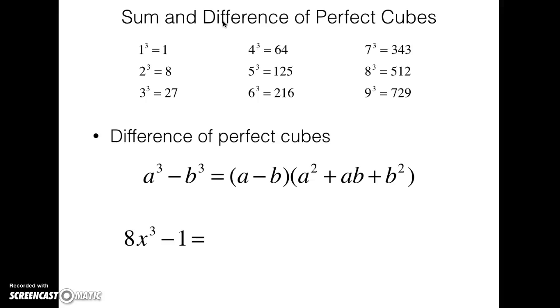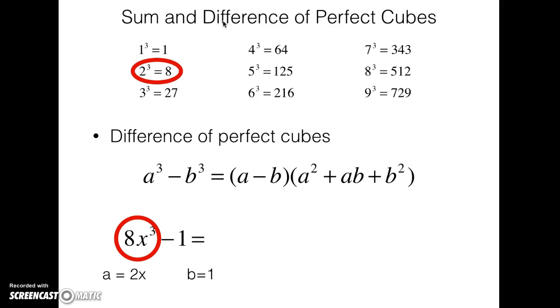In this first example, we have 8x cubed minus 1. The first thing you need to do is recognize that 8x cubed is the same thing as 2x raised to the third power. So our a value is going to be 2x, and our b value is just going to be 1.